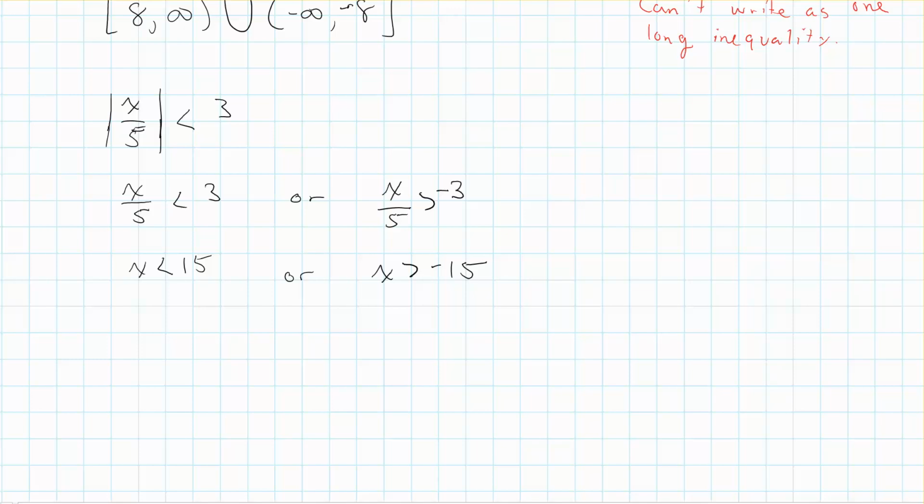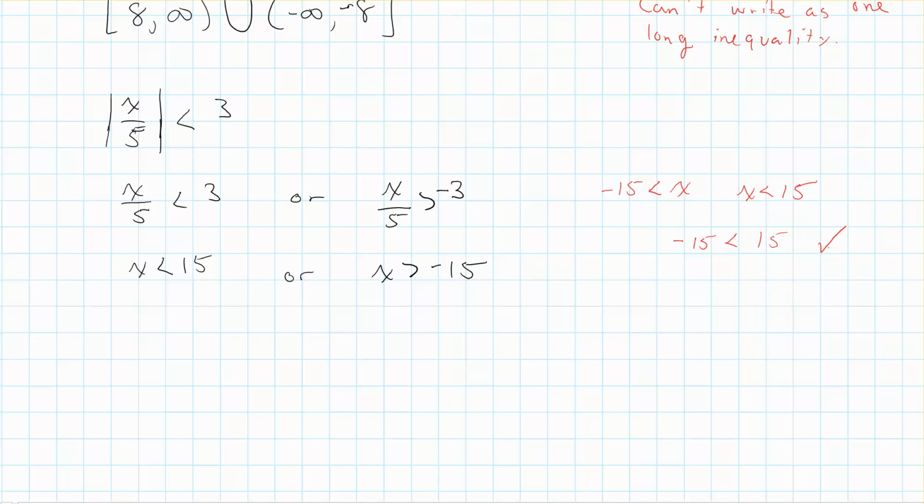So now the question is, can we write this as one inequality? Well, I'll do a little side computation here. So what do we have here? We have that negative 15 has got to be less than x, and x has to be less than 15. Now the transitive property would then imply that negative 15 is less than 15.